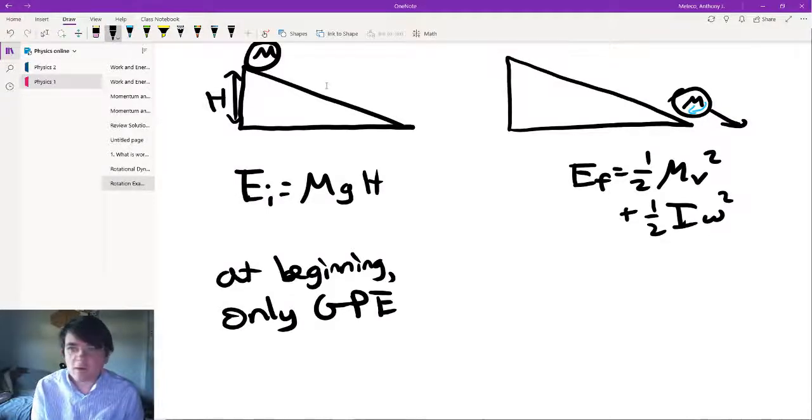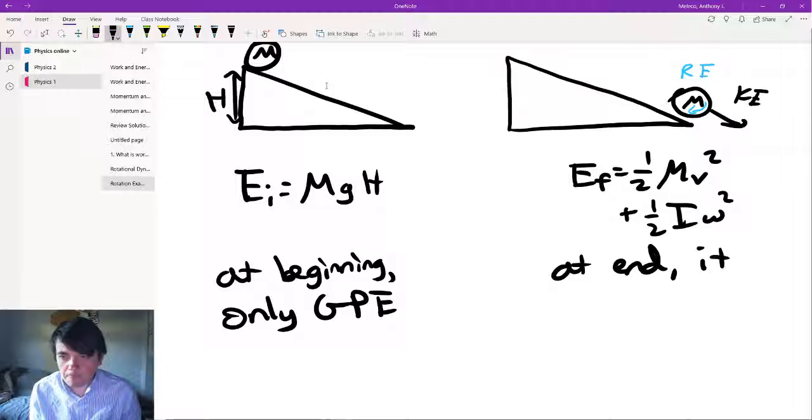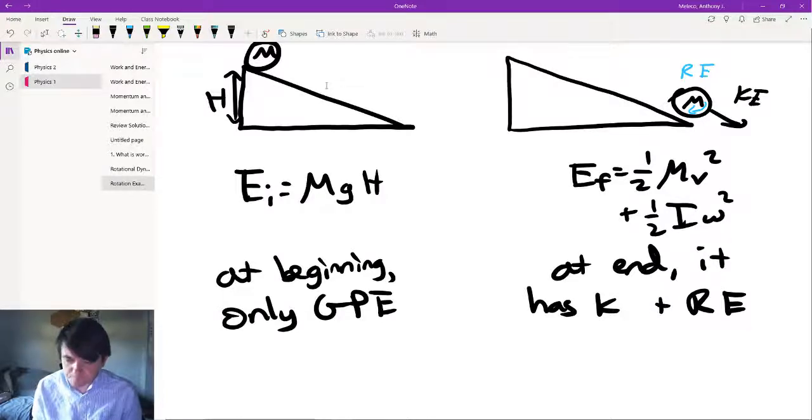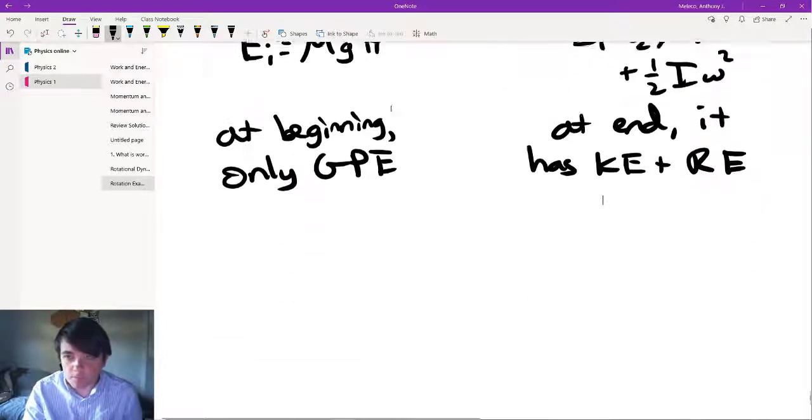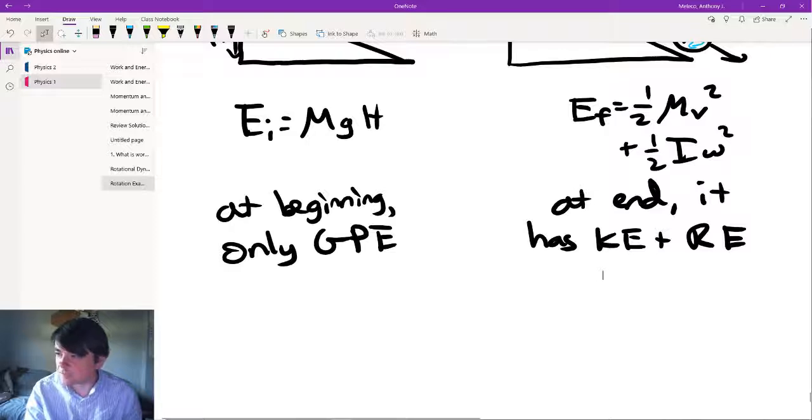At the end, it has kinetic energy plus rolling energy. So this type of problem will work the same way. You're still going to just add up everything and set it equal. But there are a couple of things that you need to consider when you're doing it.